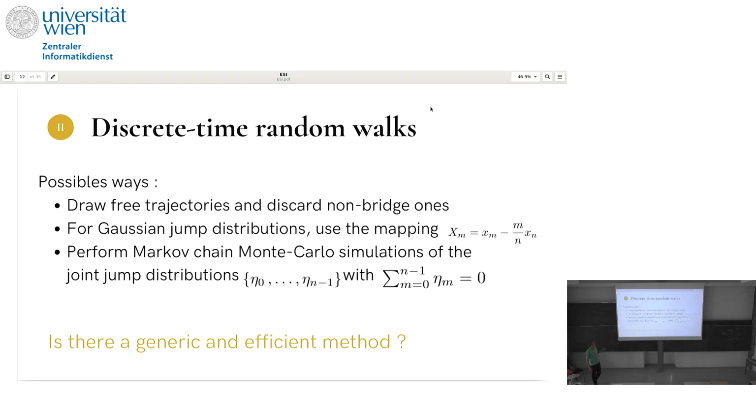And finally, which has already been done in some previous papers where they had to do such constrained simulation, they do some Markov chain Monte Carlo simulation of the full joint jump distribution, eta 0 to eta n-1, with this sum equal to 0 constraint, which is the bridge constraint. However, this can also be computationally expensive, and one has to check convergence of such methods. So the question is: is there a generic efficient method to generate bridge discrete-time random walks?